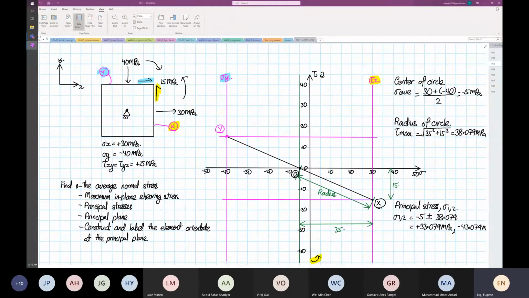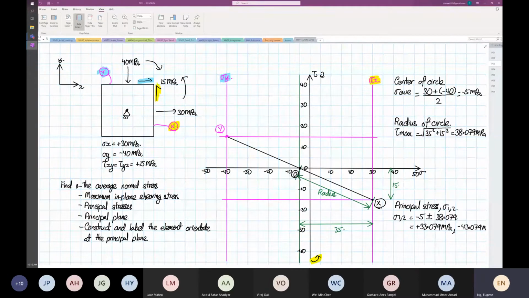Okay, 43.079. So from here, those of you that have your compass, you can start drawing your Mohr circle. Radius is 38. I'm eyeballing this.